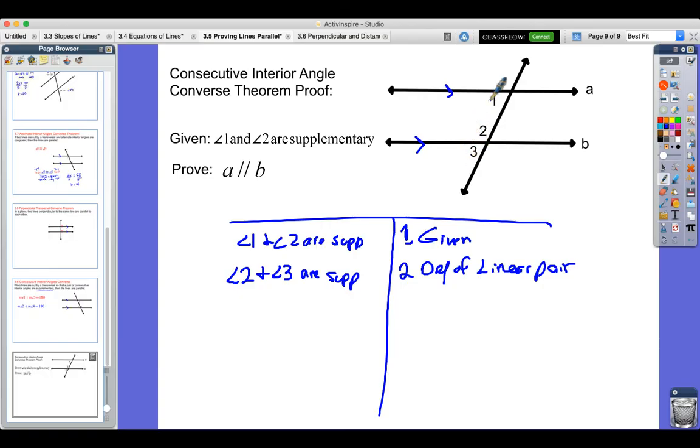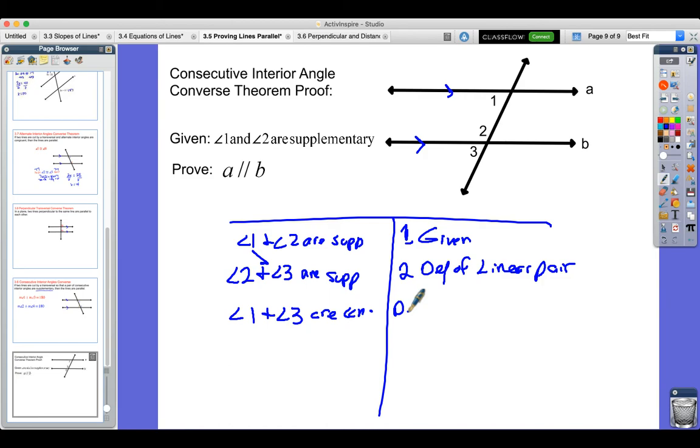Well, if 1 and 2 are supplementary, and 2 and 3 are supplementary, then angle 1 and angle 3 are congruent. If these two equal 180 and these two equal 180, these two have to be the same.